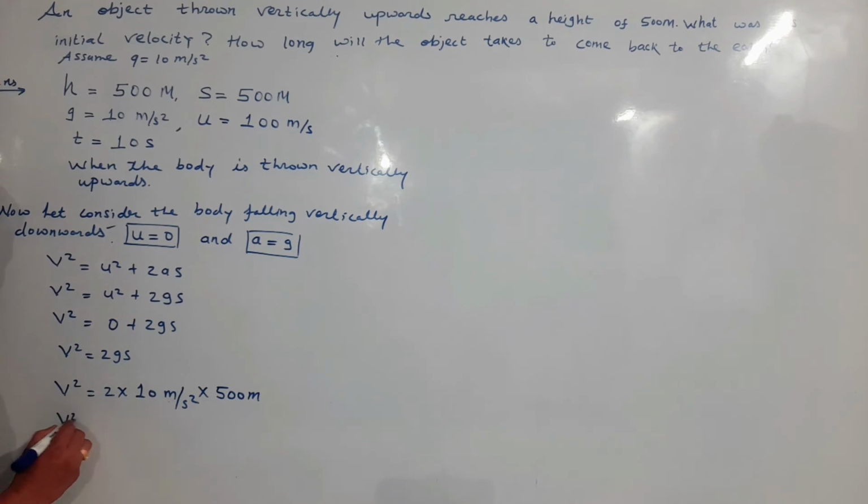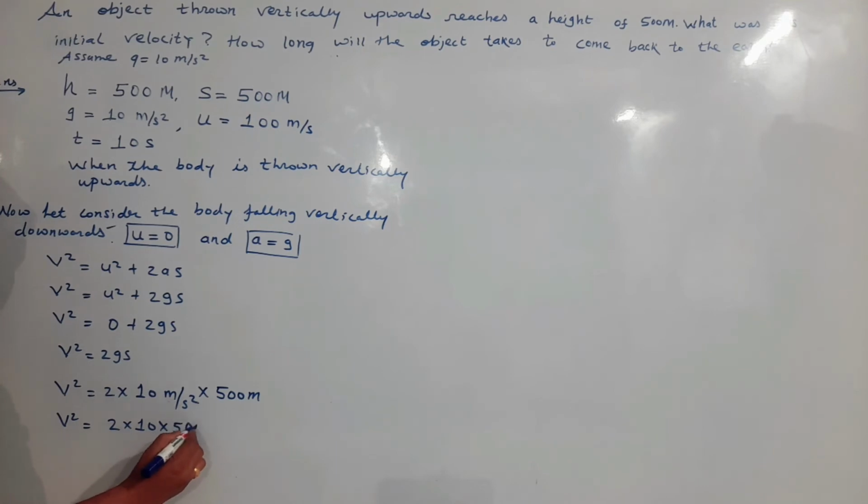So v square is equal to 2 into 10 into 500 meter per second square into meter.